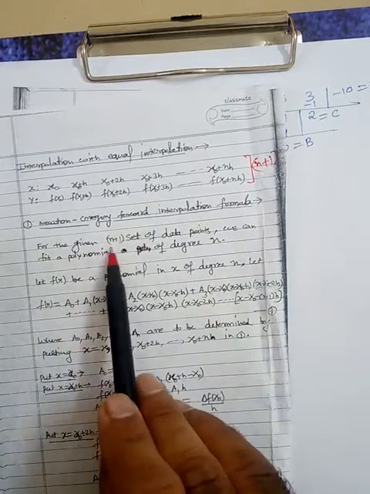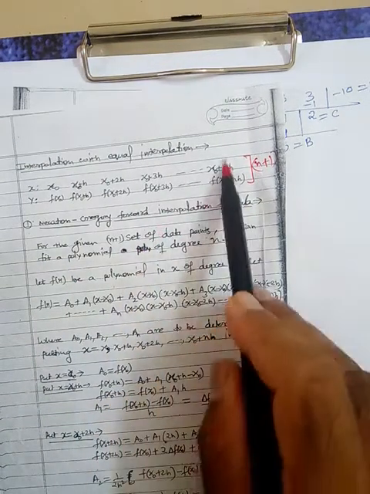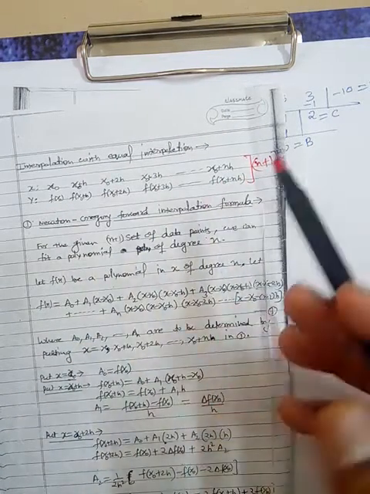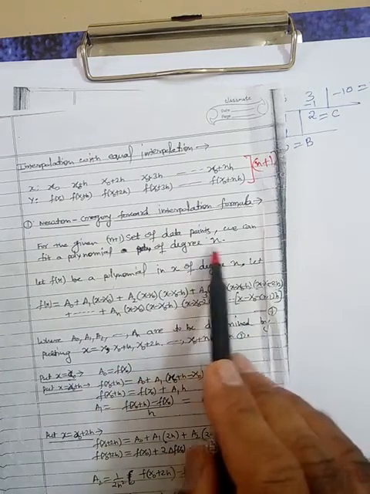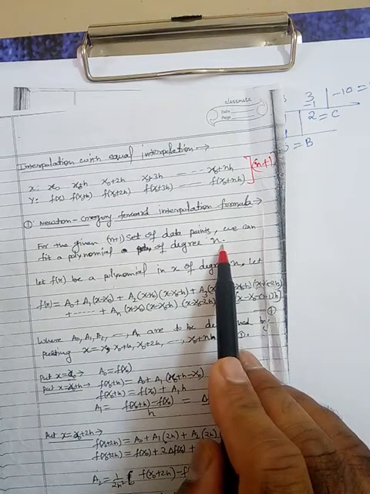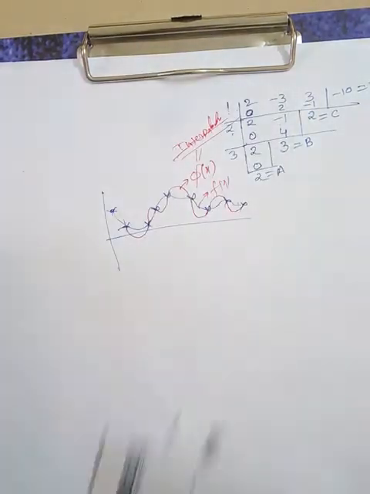For the given n plus 1 data points, we can easily fit a polynomial of degree n. So one way of assuming this polynomial is this.